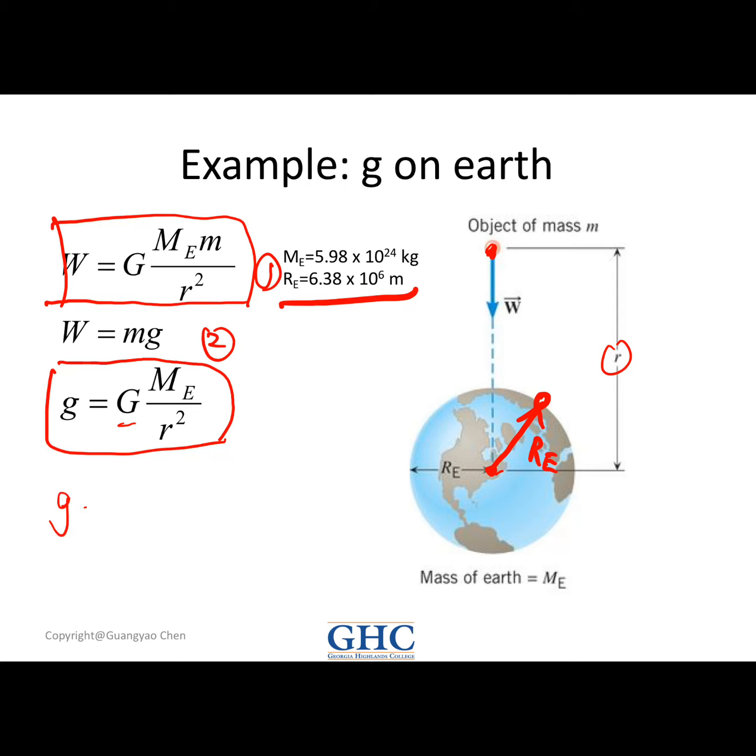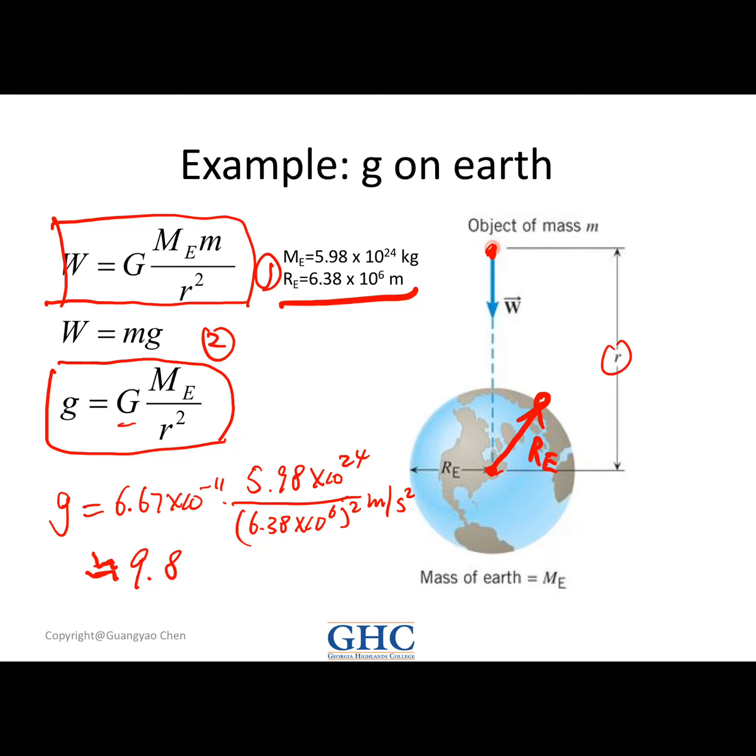If you plug in all the numbers, G is 6.67 times 10 to the negative 11, the mass of the Earth is 5.98 times 10 to the 24, over the radius of the Earth squared, in meter per second squared. You put this into your calculator, you should find a number very close to 9.8, and that's why we use 9.8 for free fall.